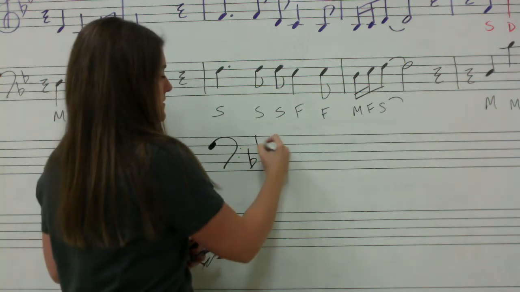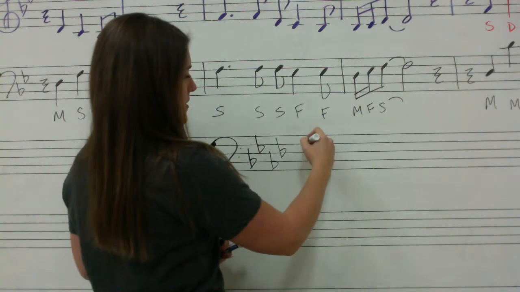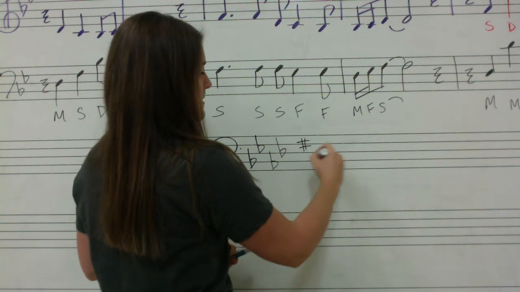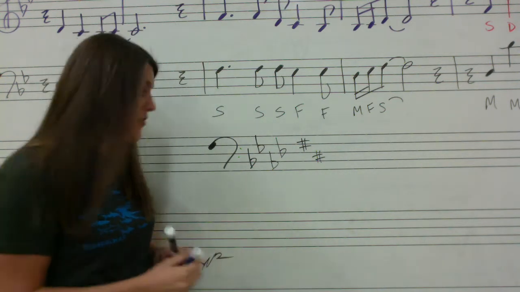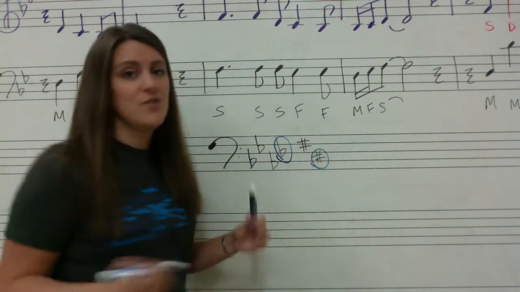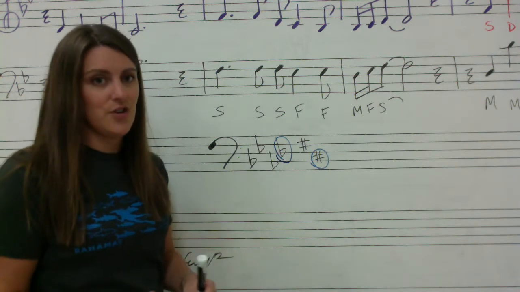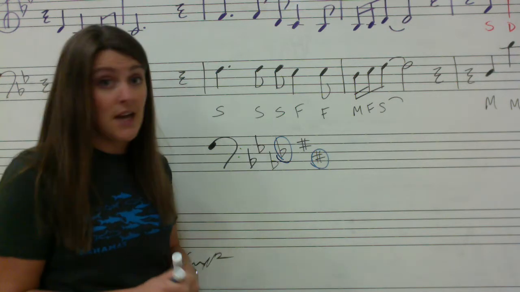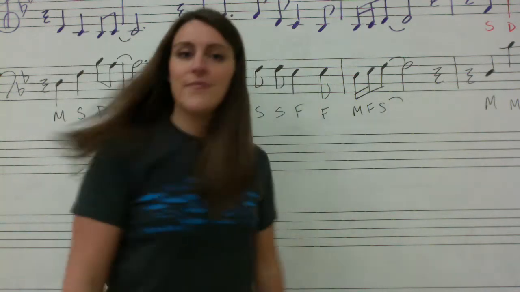The flats or the sharps end up on different lines, but it's still the same. You still circle the furthest one to the right, okay? And then you still draw fa or ti, and you still draw do from there, okay? It does not change. There, get to work.